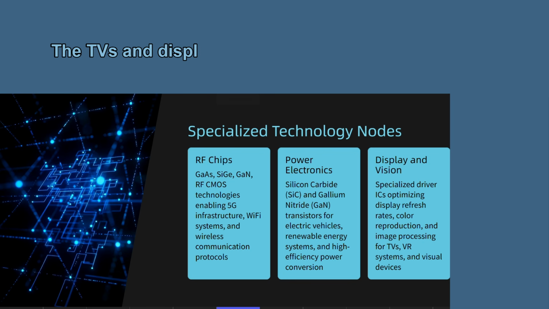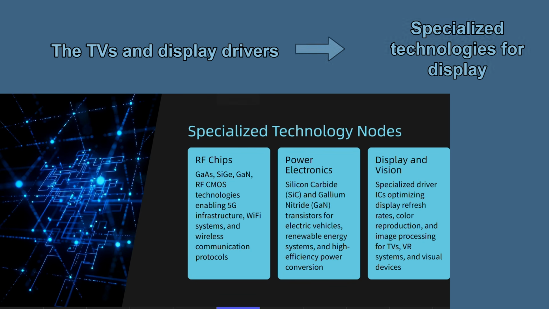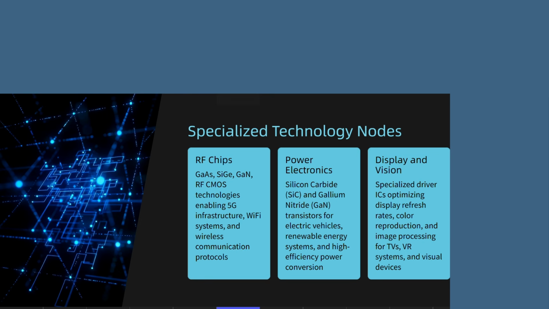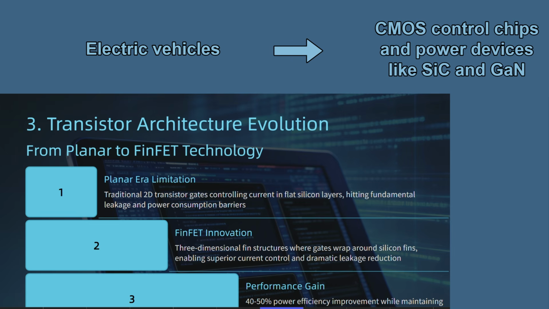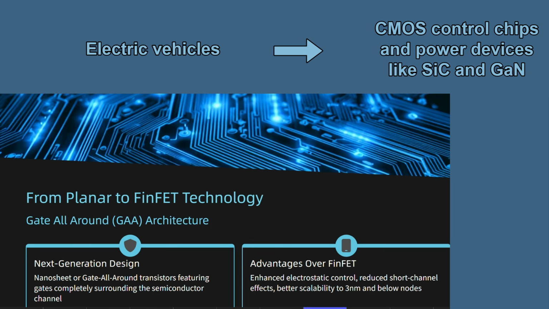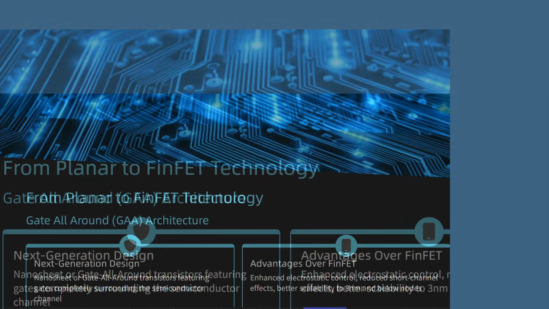The TVs and display drivers often use specialized technologies optimized for display control and image processing. Electric vehicles contain hundreds or even thousands of semiconductor devices using a mix of CMOS control chips and power devices like silicon carbide and gallium nitride transistors.